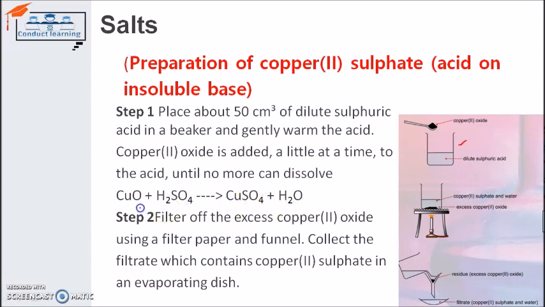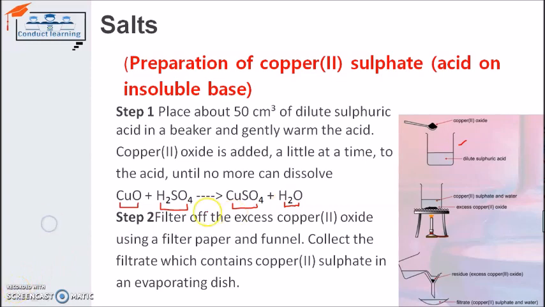Here copper oxide is a base, and H2SO4 is an acid known as sulfuric acid. It gives us copper sulfate which is a salt, and H2O which is water. So when we mix copper oxide in dilute sulfuric acid we form copper sulfate and water.